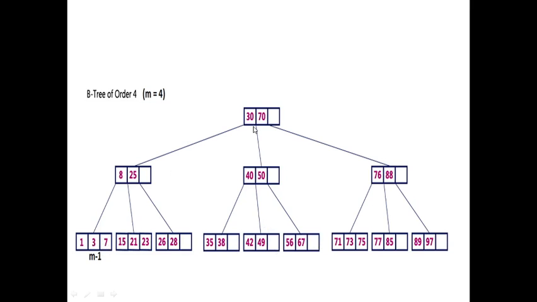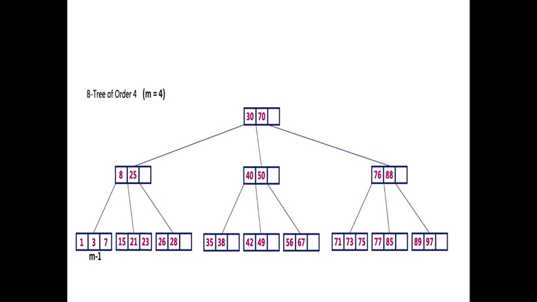Also, the left subtree is less than the parent, the right subtree is greater than the parent, all the leaf nodes are at the same level, and internally each node contains the entries in ascending order. So at all levels you can see that the tree fulfills the requirements of a B tree, and so we can conclude that this is a valid B tree.